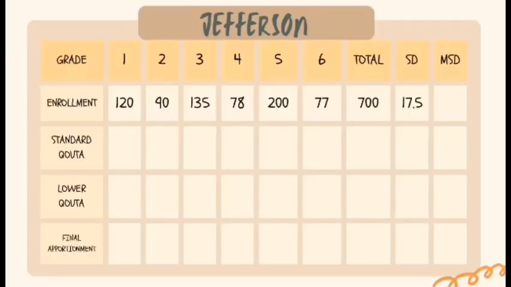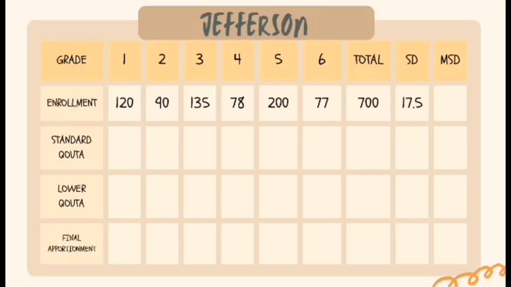Here, gagamitin natin yung kaninang example, pero ia-apply natin dito yung Jefferson method. Diba sabi kanina is kukunin natin yung standard divisor kagaya ng Hamilton method. So yan, 17.5 yung standard divisor. But this time, kukuha tayo ng modified standard divisor which is lower than 17.5.